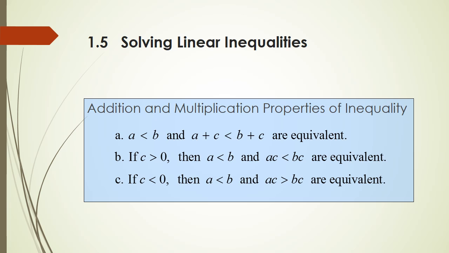If we have a is less than b and we're multiplying by a negative number, then we must flip the inequality sign around. We started with a is less than b, we multiplied by c, which is a negative number, and now we have ac is greater than bc. You can try this with numbers on your own just to prove to yourself that it actually is true and does work.